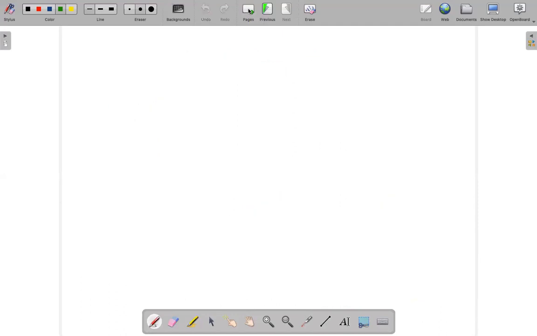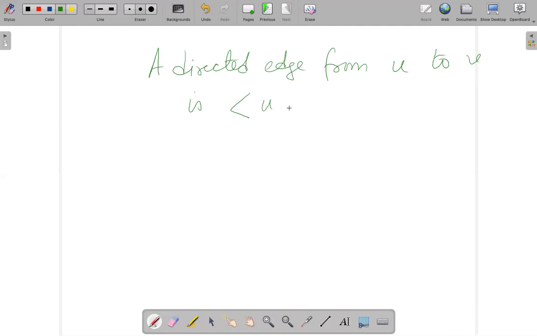So in terms of notations, normally a directed edge from U to V is usually represented using angle brackets.